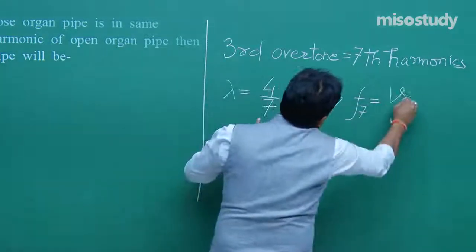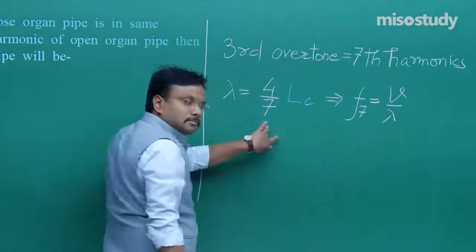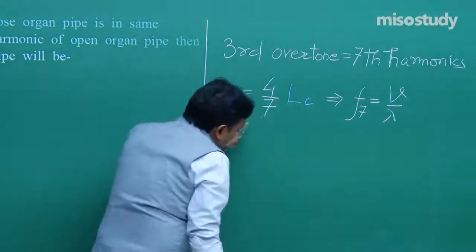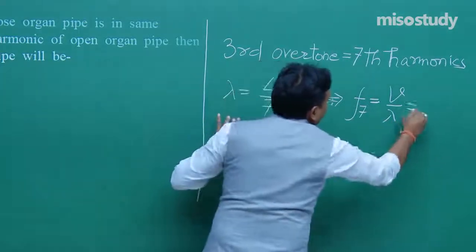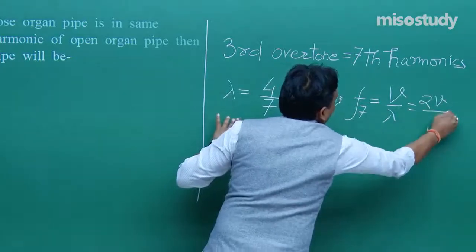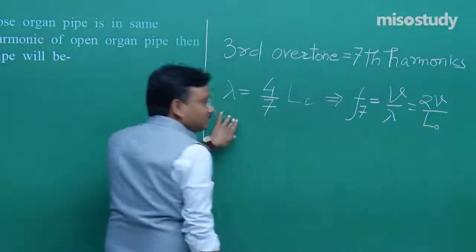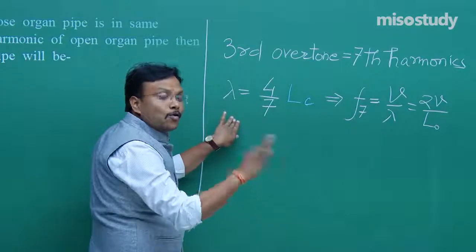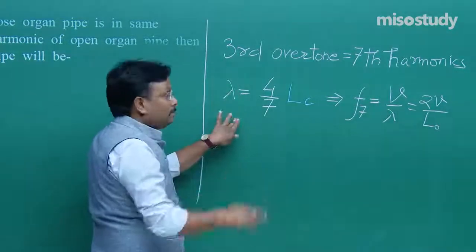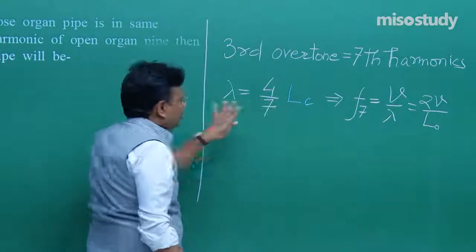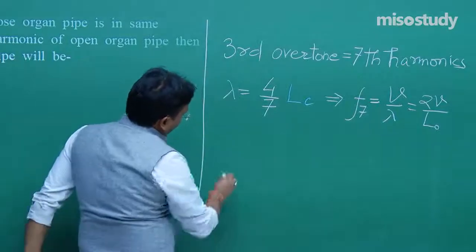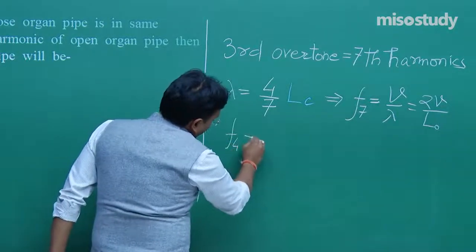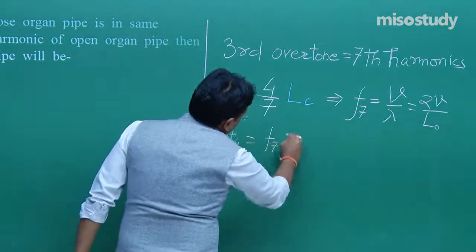It is v upon lambda. So now it is 2v upon L naught. Even if a few of you did not learn that question, forget about re-explanation. So from here what I can write down, F4 is equal to F7.